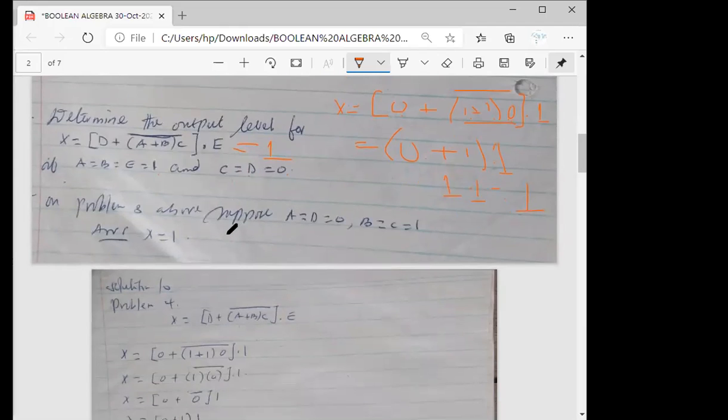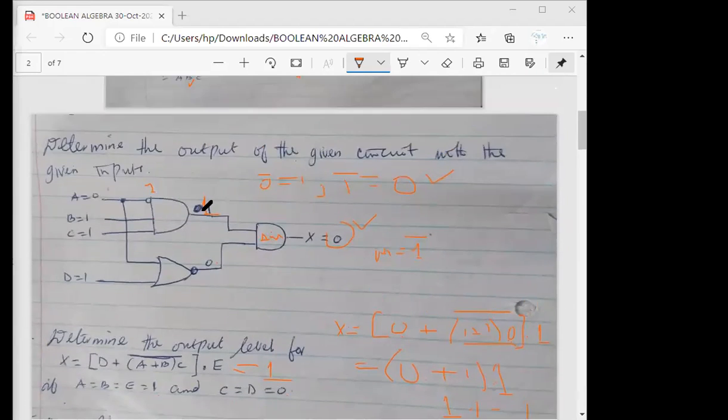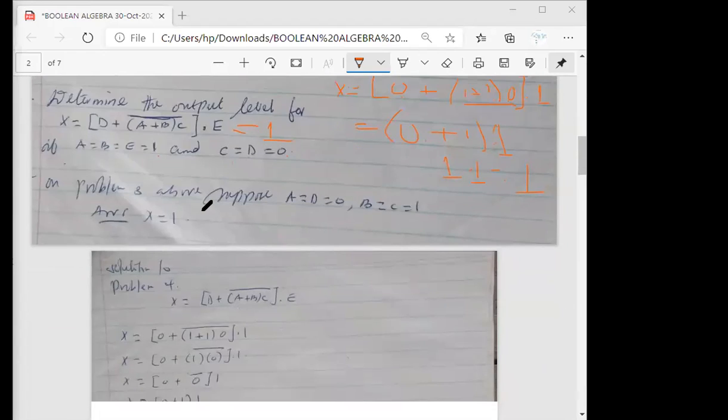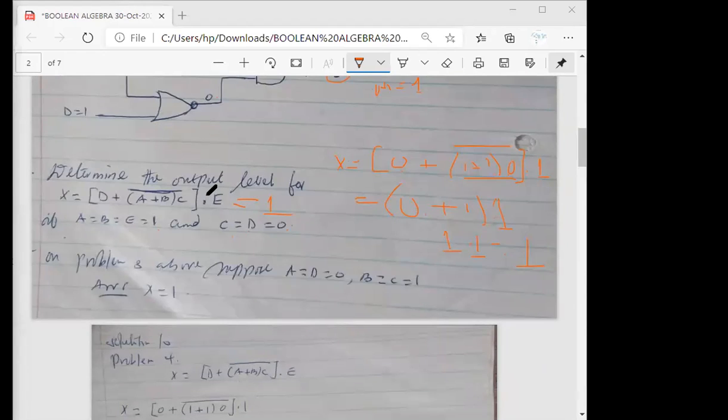Can we check? Excuse me, sir. Yes. I'm not able to see your working area. Can you see the screen moving? No. Who can see it?